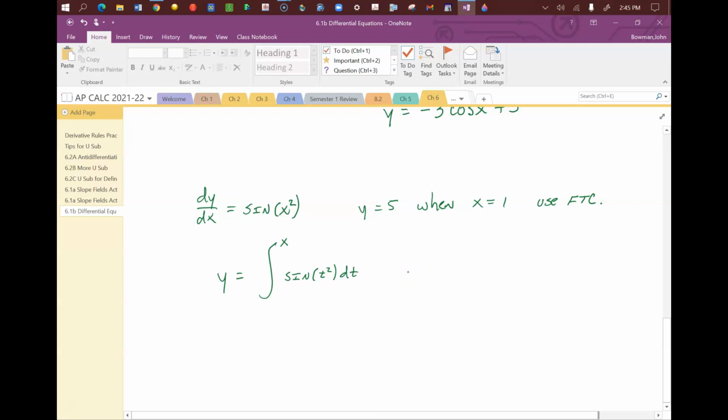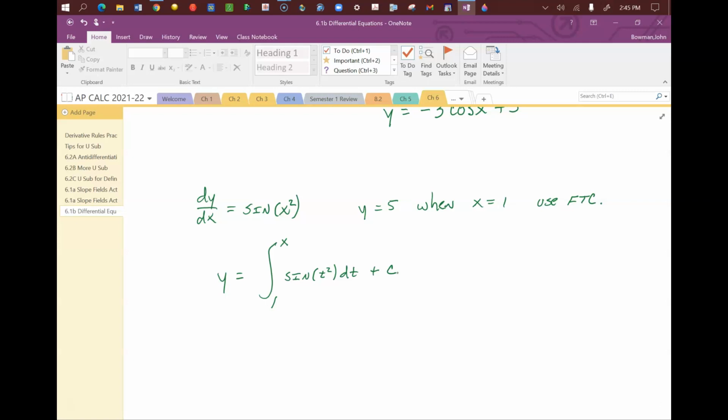Now, we also know that y has to be equal to 5 when x is equal to 1. All right, so we're going to do kind of a trick here, and we're basically going to say, let's make the lower limit 1. So if my upper limit is 1, then my integral from 1 to 1 of anything is going to be 0, but I have to have a constant out here, and I need y to be equal to 5.